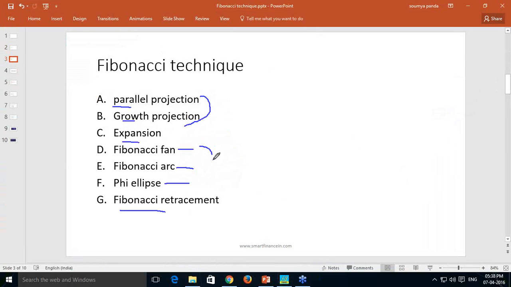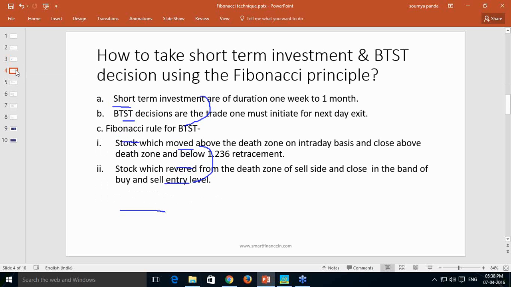Here graphically we present specific Fibonacci facts on your price-time chart, and we draw some conclusions on the trend analysis. This is what we do, and using this Fibonacci ratio you can make short term trend forecasts or short term investment decisions.